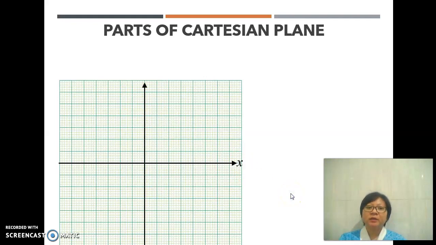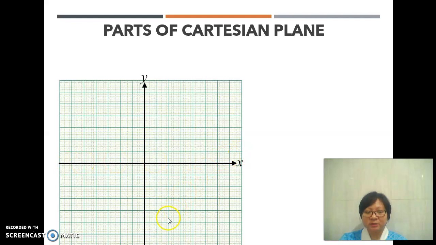And then the vertical line, I label the vertical line as the y-axis here. So the arrow here means it goes on forever. This arrow means it goes on forever. The line goes on forever. So, the horizontal is the x-axis, the vertical is the y-axis.